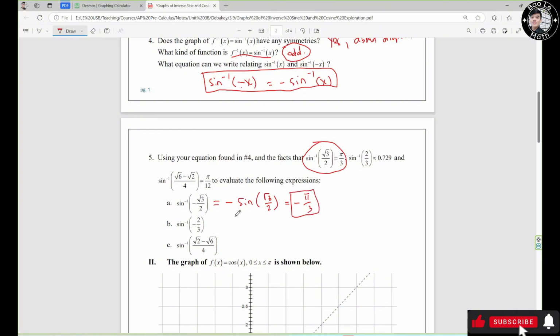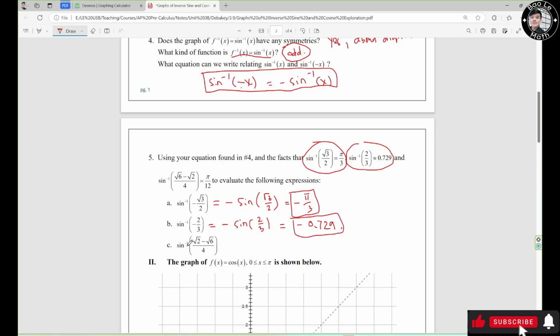Now question B. Sine inverse of negative 2/3 is the same thing as negative sine inverse of 2/3, right? And then this is the same thing as negative 0.729, right?